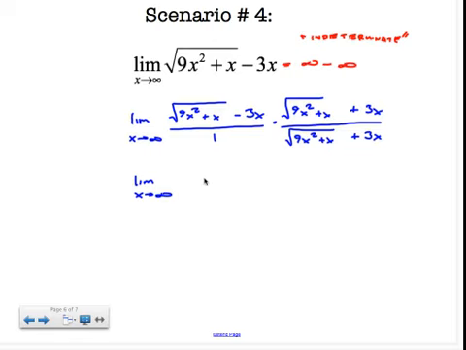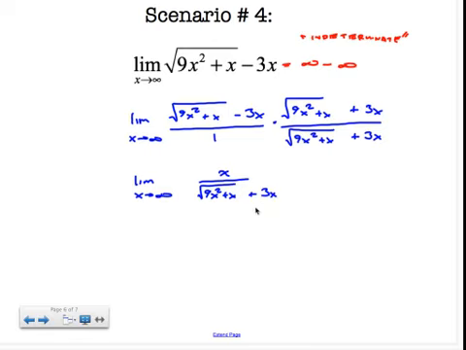The numerator is going to end up being 9x squared plus x minus 9x squared, so just x. And the denominator is going to be the square root of 9x squared plus x, plus 3x.